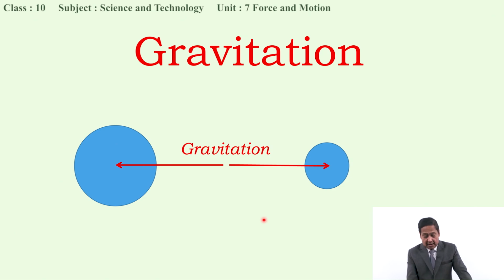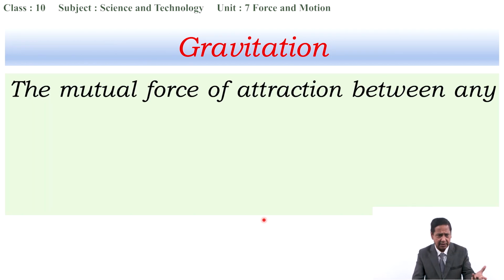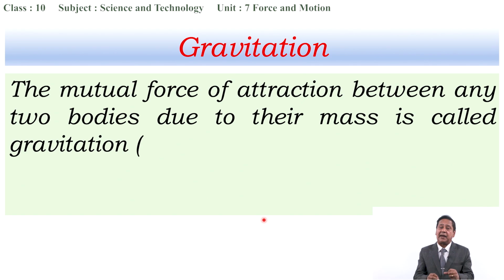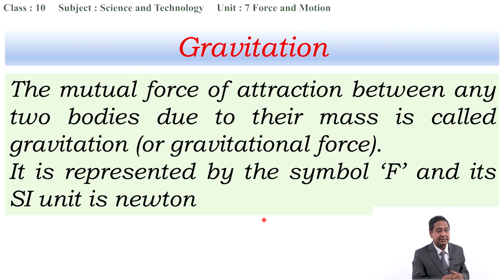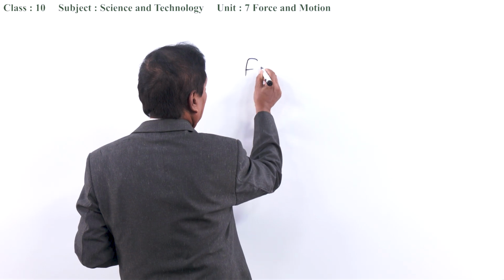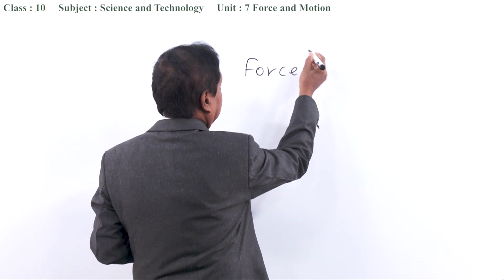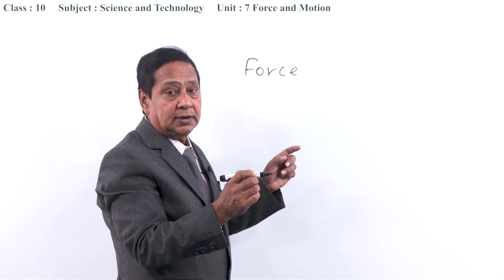Now I want to define this gravitation. What is it exactly? We can say it this way: the mutual force of attraction between any two bodies due to their mass is called gravitation. Looking at this definition, this is a mutual force, and this is an attraction force.